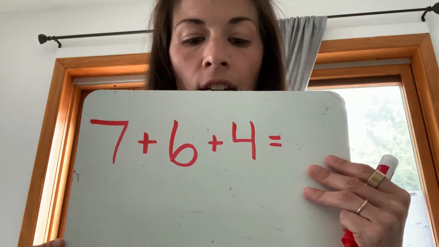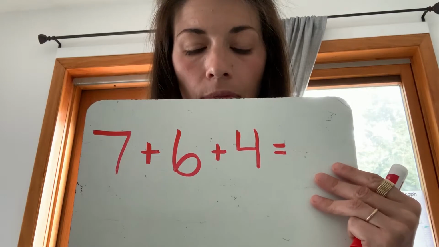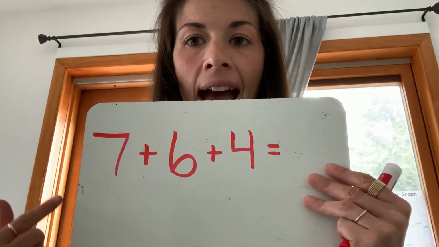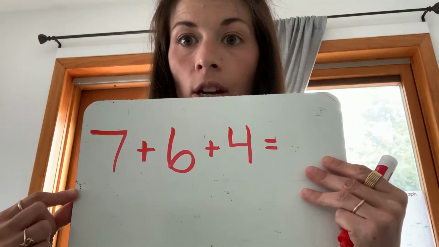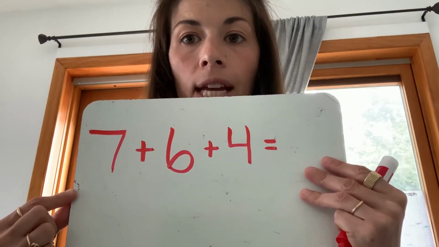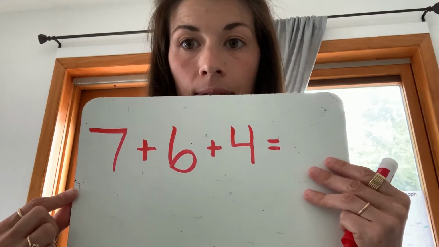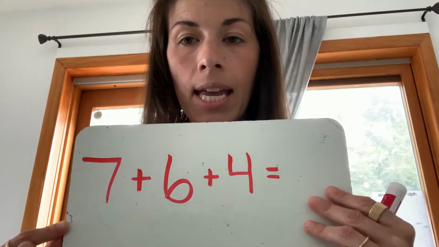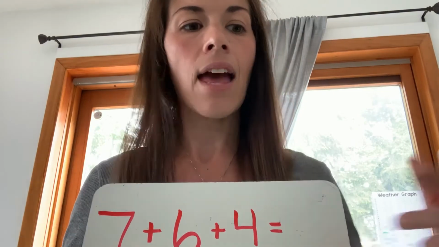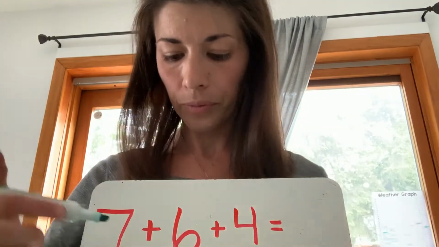Remember, we have 2 strategies: find a double or make a 10. Okay, and when I'm looking at my 3 add-ins, I don't see 2 numbers that are the same, so I can't double. But I do see 2 numbers that I can add together that make 10. Okay, my 2 numbers are 6 and 4.